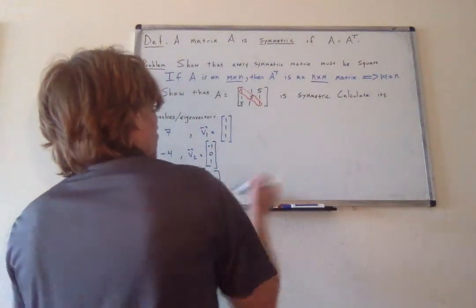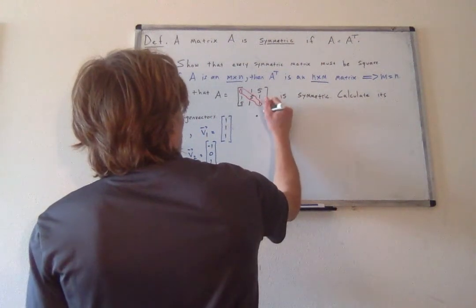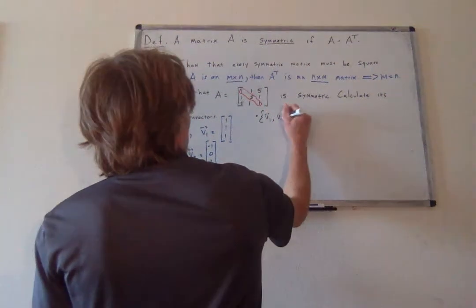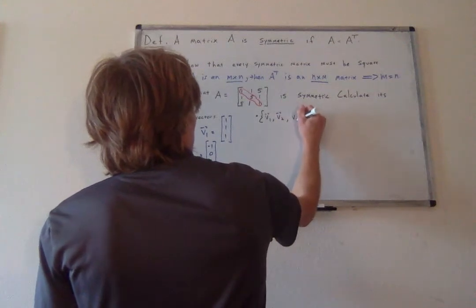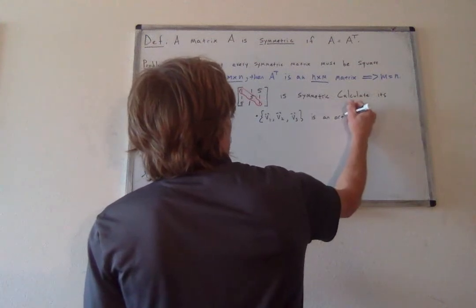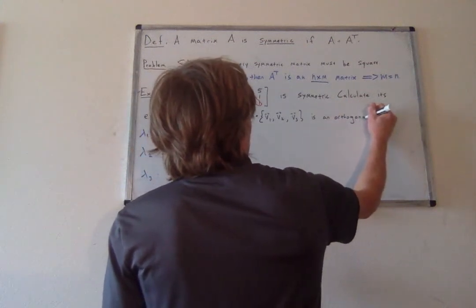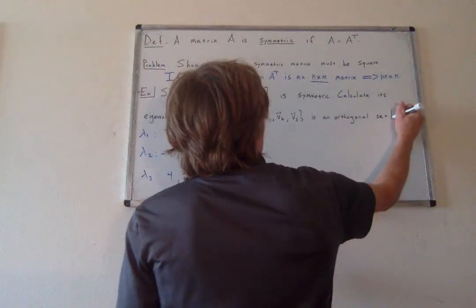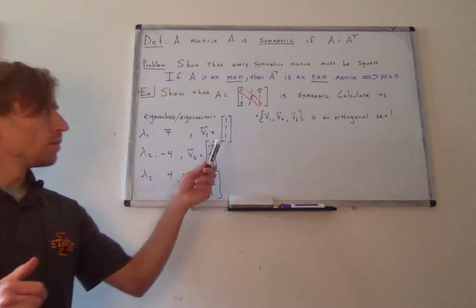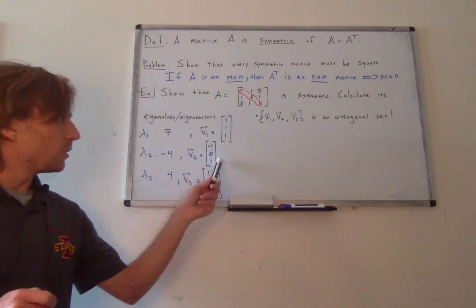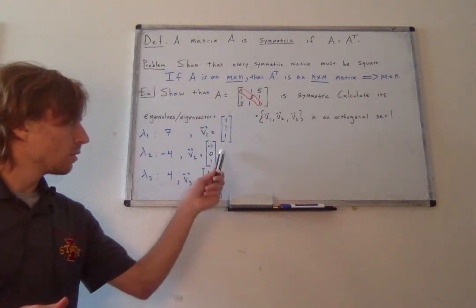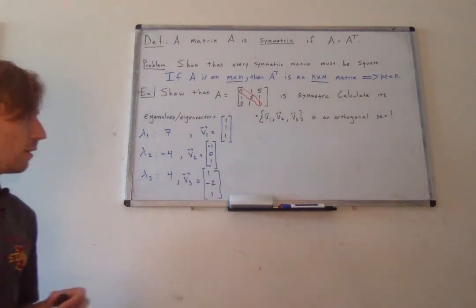So it turns out the set of all of these eigenvectors, v1, v2, v3, is an orthogonal set. So notice v1.v2 is equal to 0. v1.v3 is equal to 0, and v2.v3 is equal to 0.